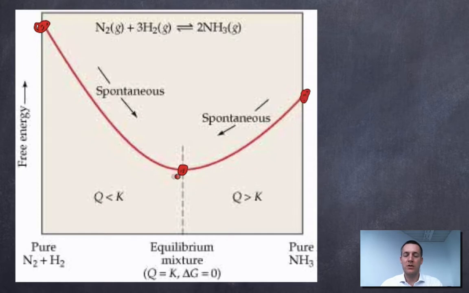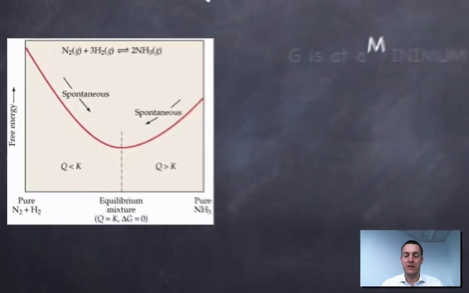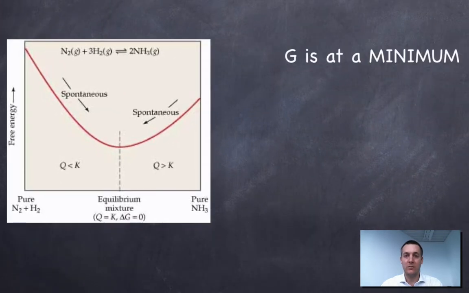Now we know that this position of equilibrium depends to some extent on the conditions that we use, but if we can get there spontaneously, either from the reactant side or from the product side, then that must mean that when we get to equilibrium, the free energy is at a minimum. Okay, because the free energy must be falling if a change is going to be spontaneous.